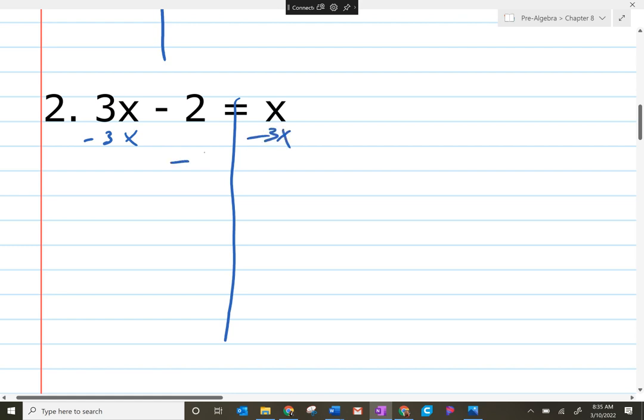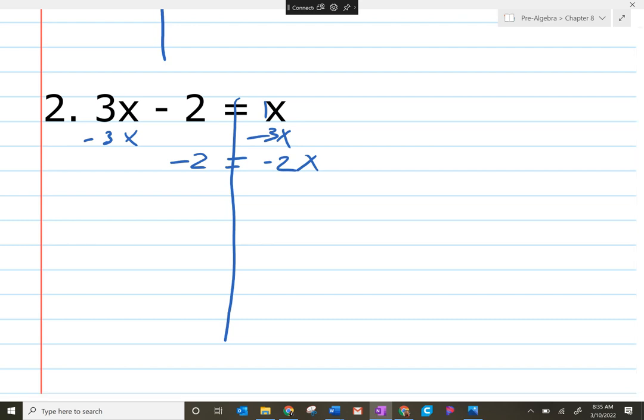Okay, this one I'm left with negative 2 equals. Remember, if I don't see it, what's the imaginary number that's here? 1. A 1. What is 1 minus 3? Negative 2x. So I got negative 2. Don't forget about the x. And now I've got negative 2x.